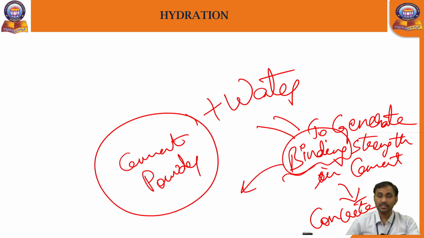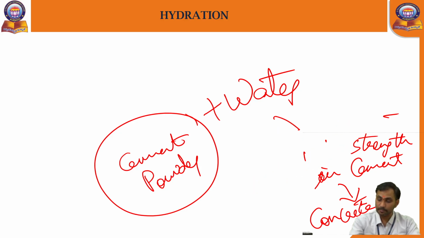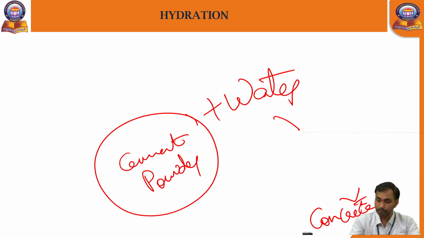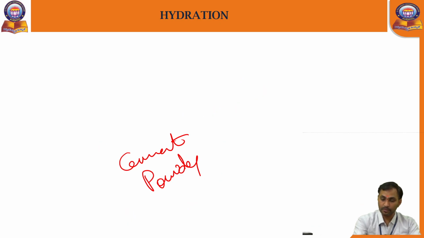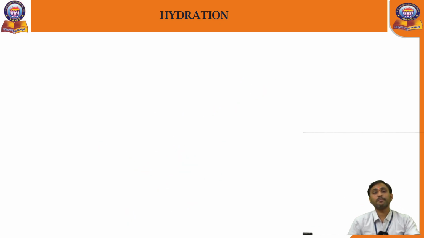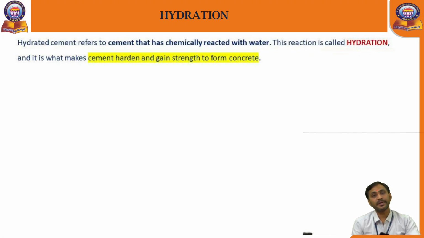There are some research concepts on this binding nature, and the chemical compositions of hydrated cements were presented. Now we will discuss this content very deeply in this lecture. See what is meant by hydration. Hydrated cement refers to the cement that has chemically reacted with the water. This reaction is called the hydration process.